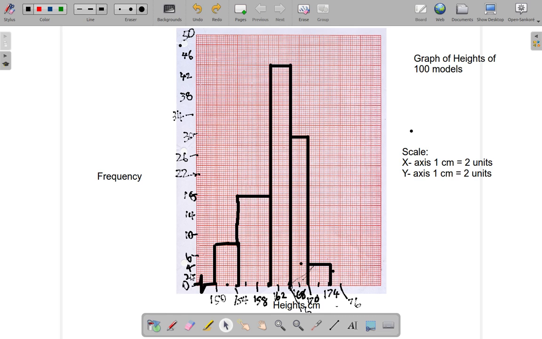All right, let us draw what is called our frequency polygon. Frequency polygon, P-O-L-Y-G-O-N.